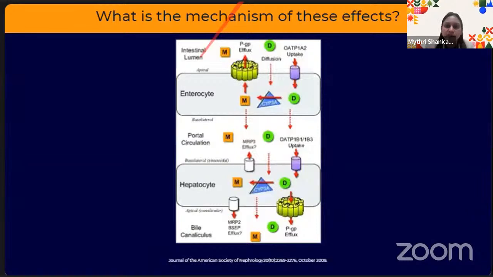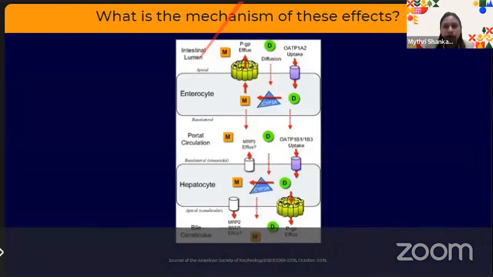Sometimes it can also be translocated across the basolateral membrane into the portal circulation. Once in the portal circulation, drugs and metabolites will either diffuse or undergo organic transporter-mediated uptake across the sinusoidal membrane of the hepatocyte, again followed by cytochrome metabolism. Then it is again extruded by P-glycoprotein efflux or the MRP2, that is multidrug resistance protein 2, channels into the bile canaliculus, and then it gets excreted.